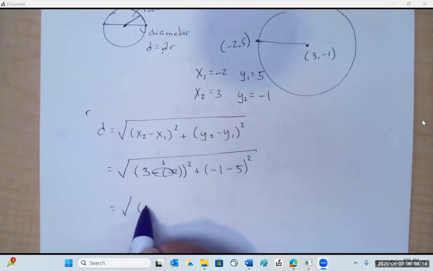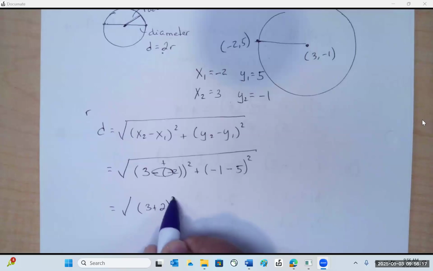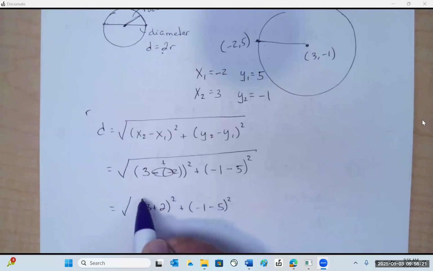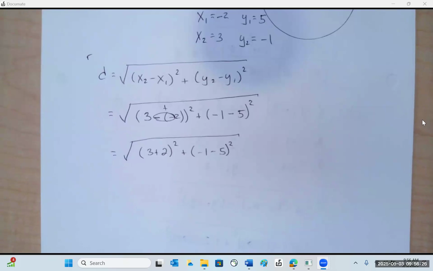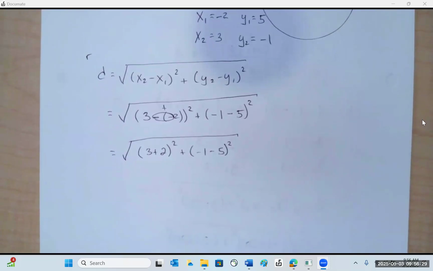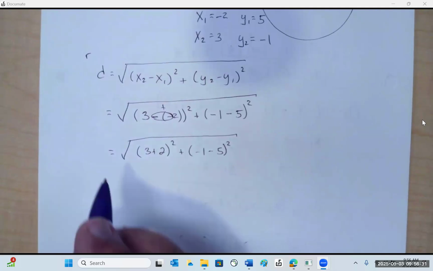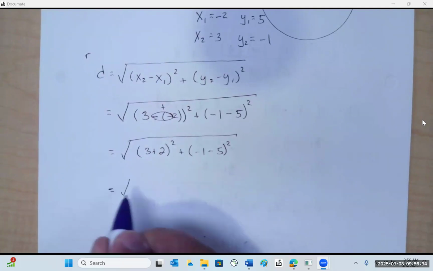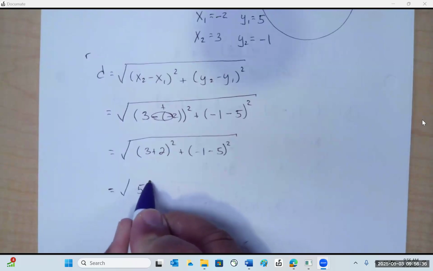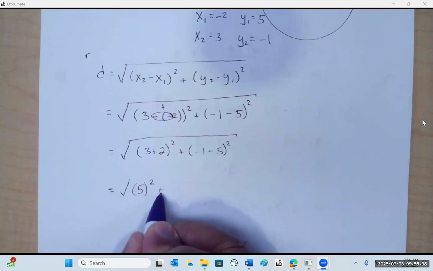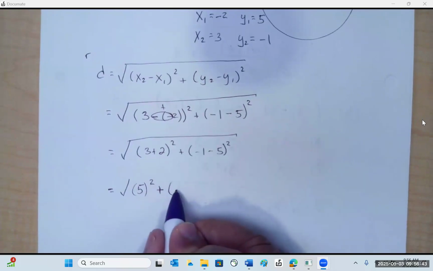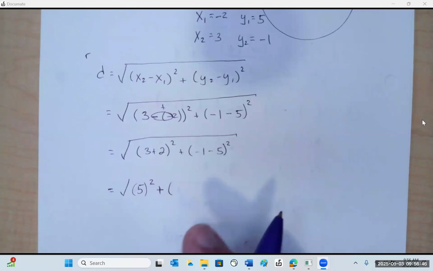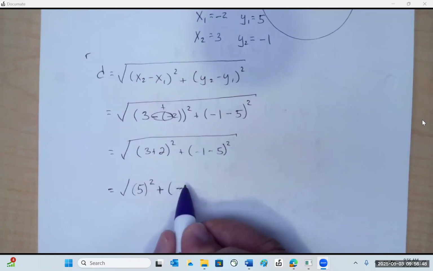So we have 3 plus 2 squared, -1 minus 5 squared. Because the rest of this stuff now, we should be able to do it already. There's not much different going on now. 3 plus 2 is 5. -1 minus 5, they're both negative. Add the numbers, -6.